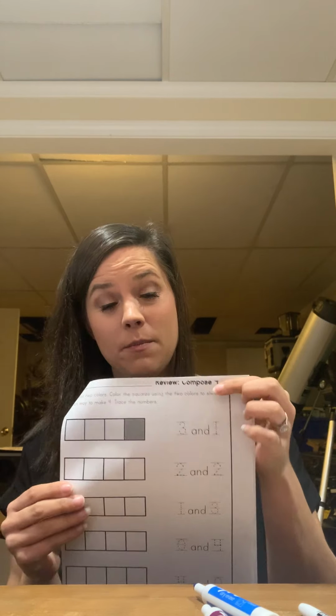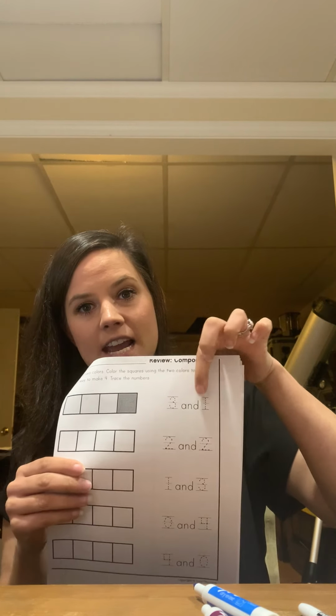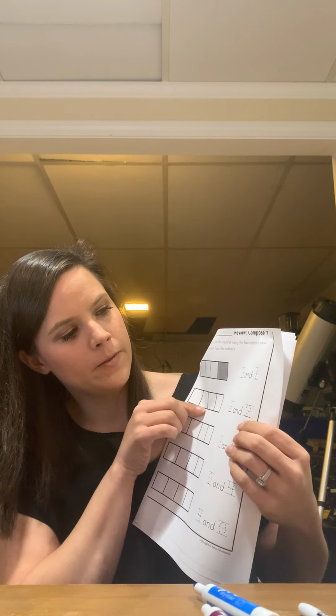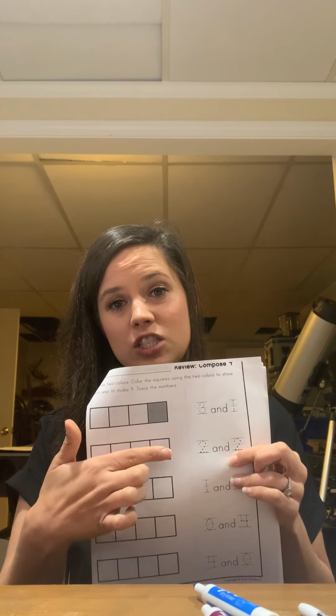So then the next one is the same thing, but it's composing 4. And they have 3 and 1. So they've got 3 light and 1 dark. So you can also reverse that. I don't think that one's on there. But the next one is 2 and 2. So you would shade 2 one color and 2 the next.